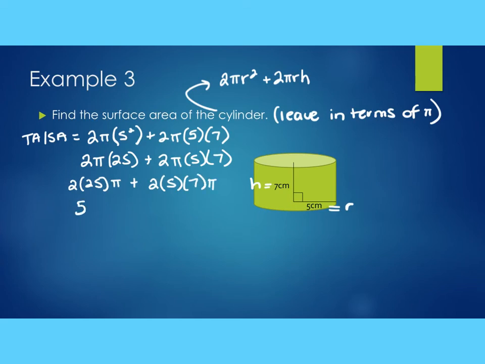This becomes 50 pi plus 2 times 5 is 10. 10 times 7 is 70 pi.